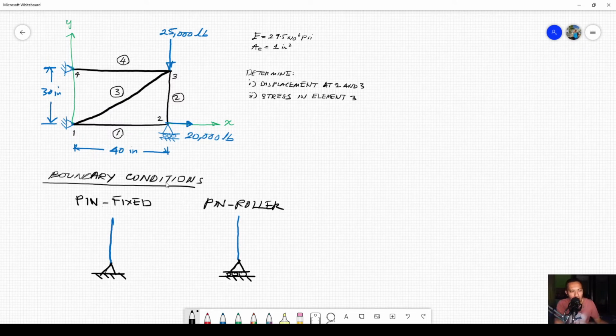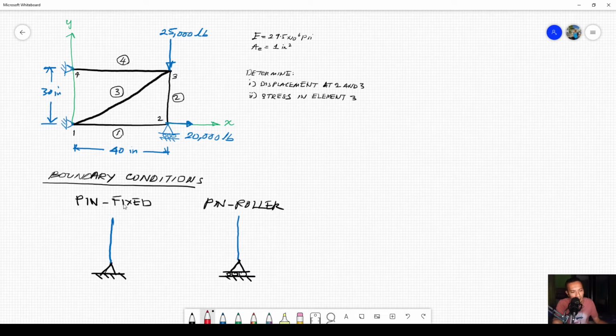Now let us consider the boundary conditions of our structure. At node number 1 and node number 4, the structure is supported by pin fixed boundary conditions, and node number 2 is supported by a pin roller boundary condition.